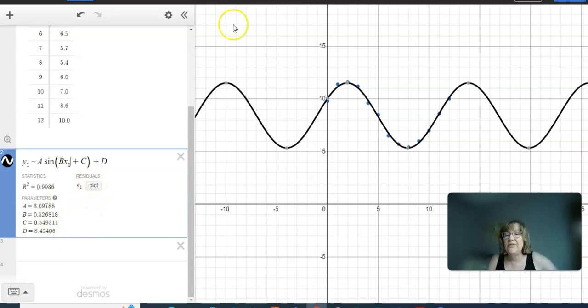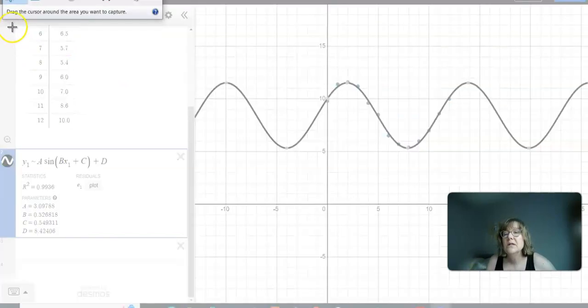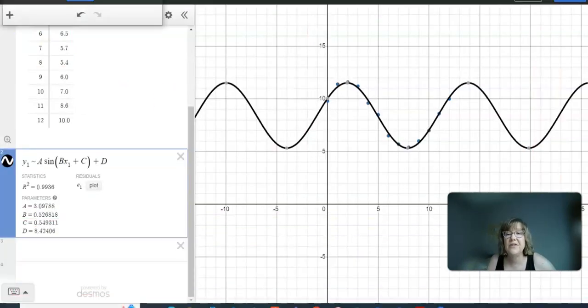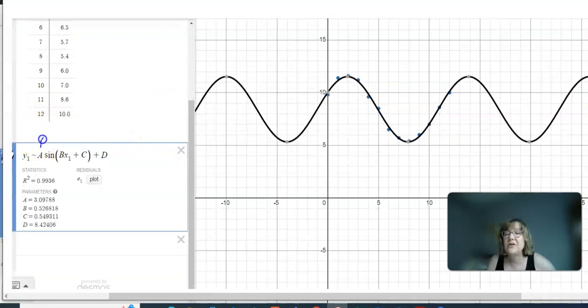All right, so let me just take a screenshot here. So the formula for this, you're just going to fill in the values for A, B, C, and D. All right, so A is what? 3.098, probably.